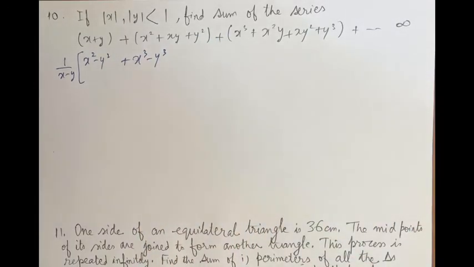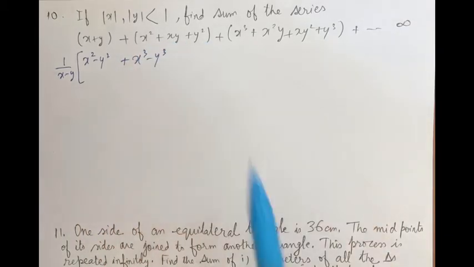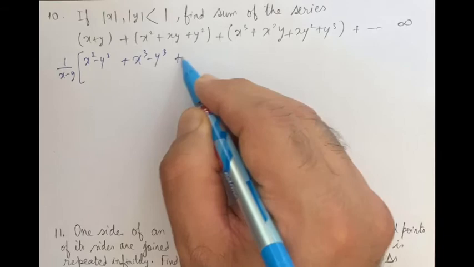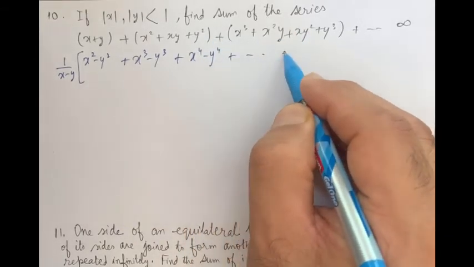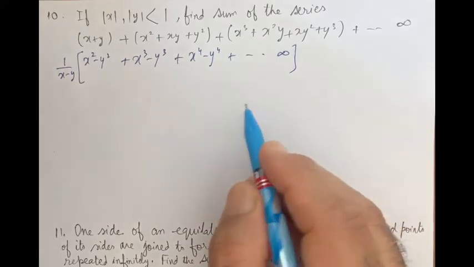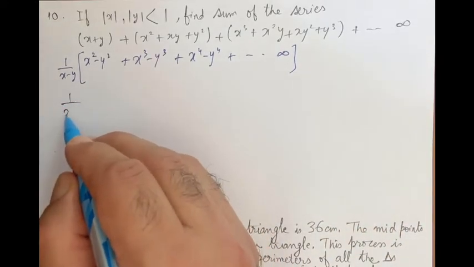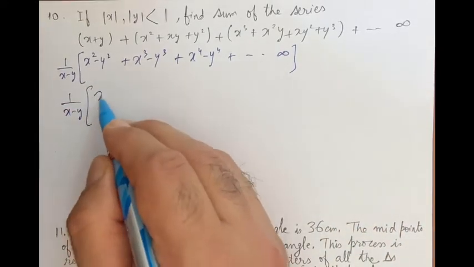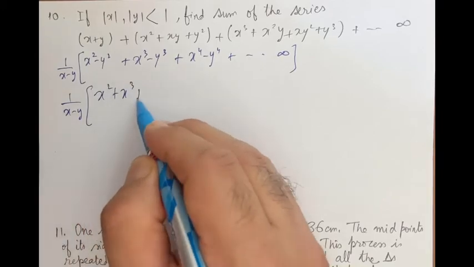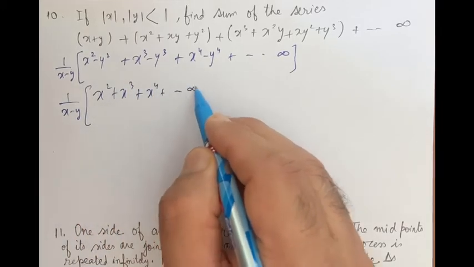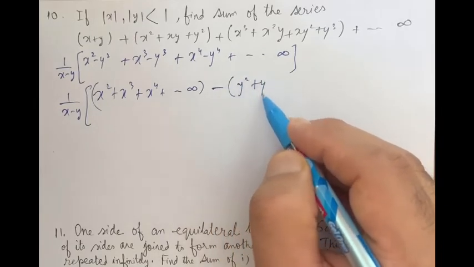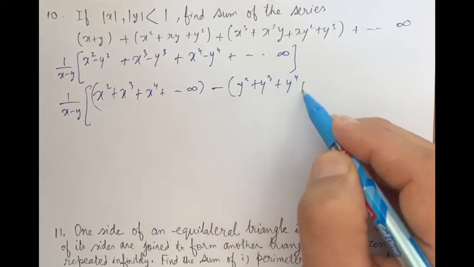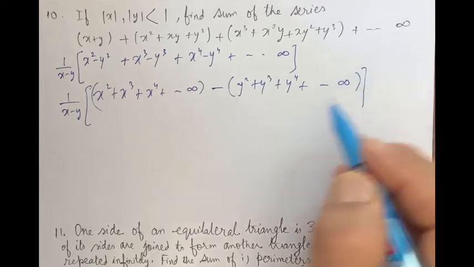So what are the factors of x cube minus y cube? It's x minus y into x square plus xy plus y square. Similarly, the next one is x raised to 4 minus y raised to 4, and this goes up to infinity. This is 1 upon x minus y into x square plus x cube plus x raised to 4 up to infinity, and taking minus sign common, y square plus y cube plus y raised to 4 up to infinity.